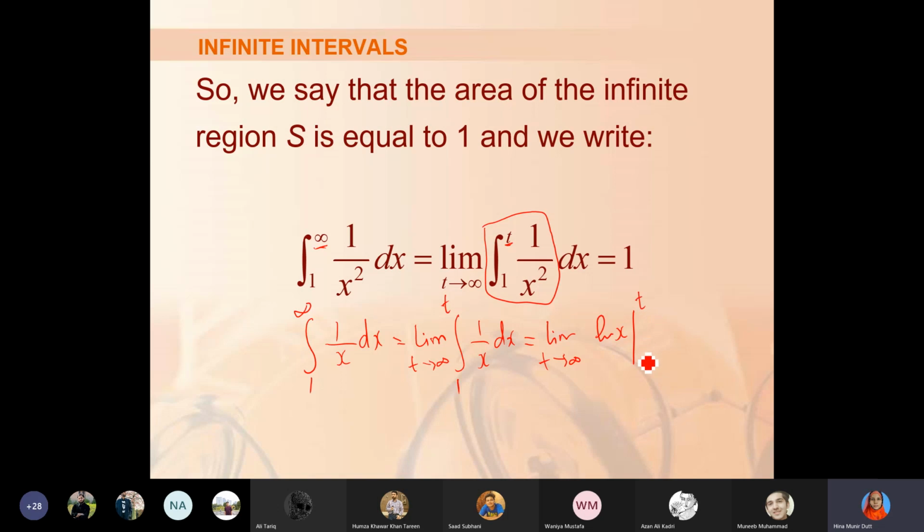Limits of integration are t and 1. Limit t approaches infinity. The limit becomes ln of t minus ln of 1. Ln of 1 is 0. So I have to take the limit of ln of t when t approaches infinity. What would be the limit of ln of t when t approaches infinity? Does not exist.